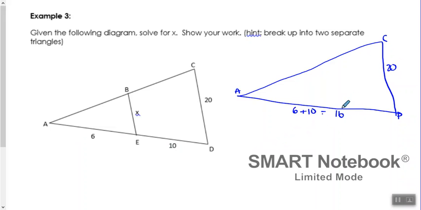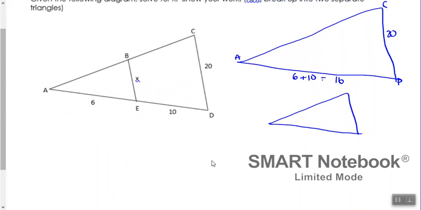So I have this is 20, this is 16. Taking a look at this smaller triangle, here we have x. So the smaller triangle is ABE. This side is an x, this side is a 6.